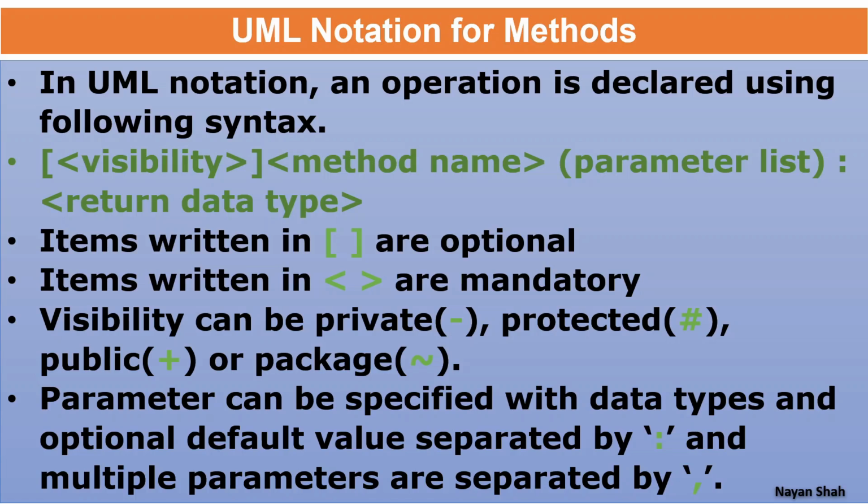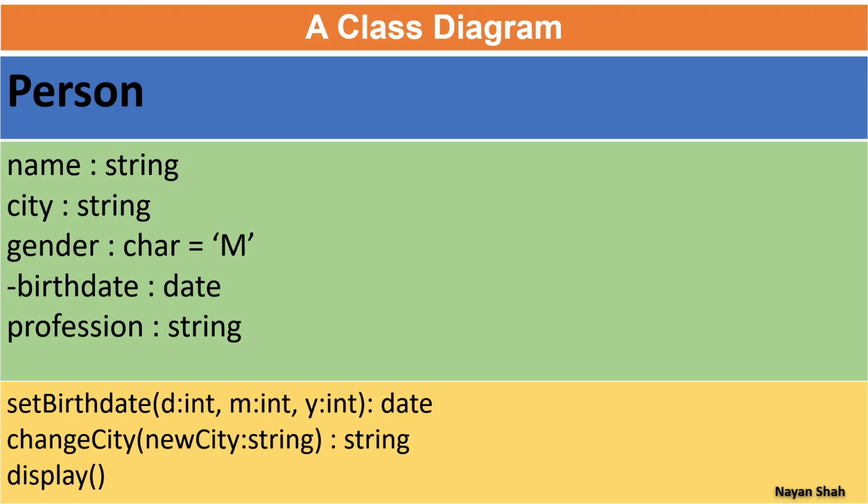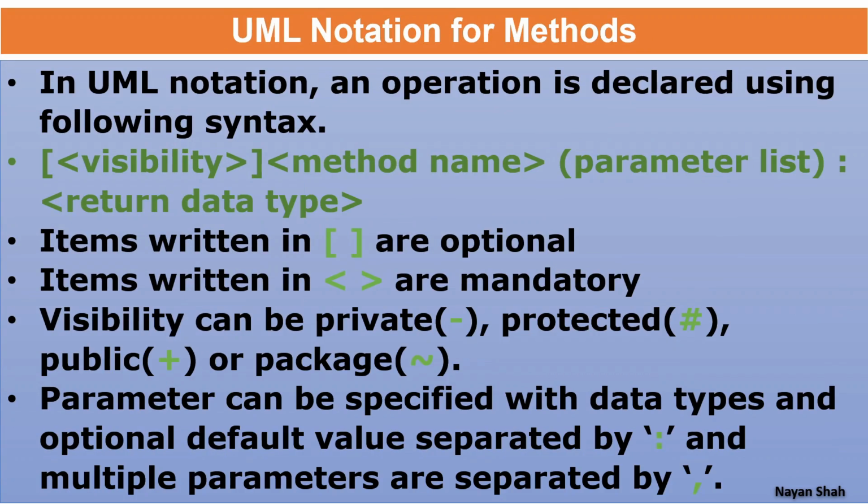Okay, there is one more point about parameters. A parameter can be specified with data types and optional default values separated by colon, and multiple parameters are separated by comma. As you see here, multiple parameters in the first example, set birth date, are separated by comma. So that is UML notation for attributes and methods.